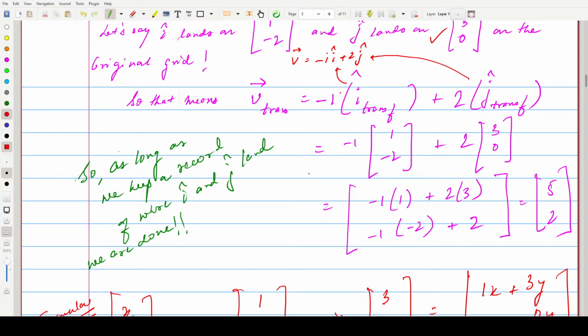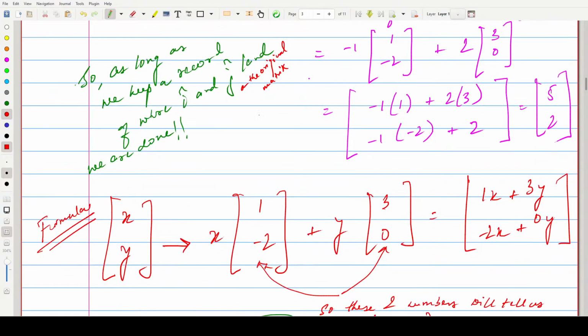As long as we have a record of where i and j land on the original matrix, we know what our transformation is.